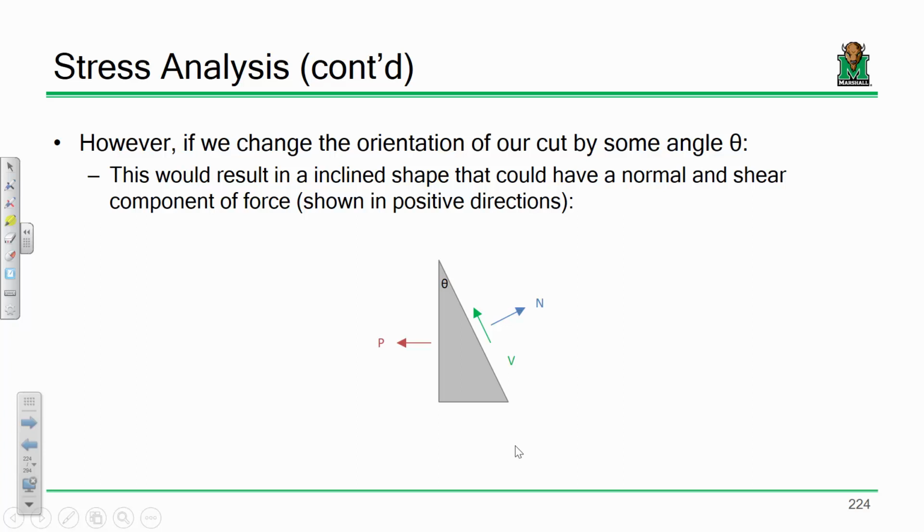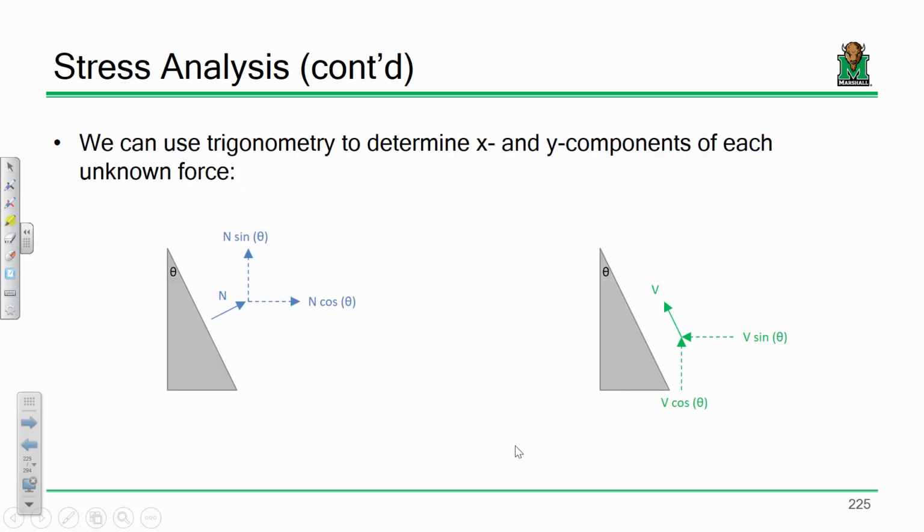Keep in mind that these are going to be a function of the angle theta, whatever our angle is. Are we cutting like this, or are we cutting like that? Whatever that angle is going to change what our resulting stresses are.